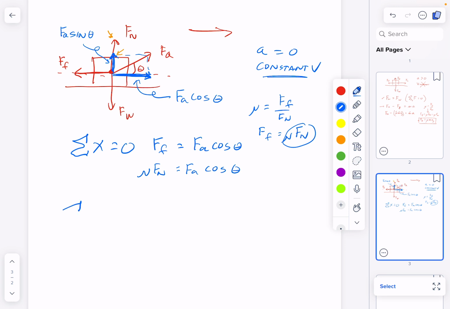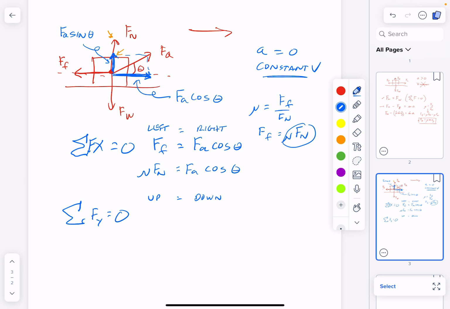Now let's look at the summation of my forces in the y direction. I forgot the F up there. And in the y direction, they equal 0 because it's not accelerating up or down. It's at equilibrium. And so that means my up forces must equal the down forces. Just like up here, my left forces must equal the right forces.